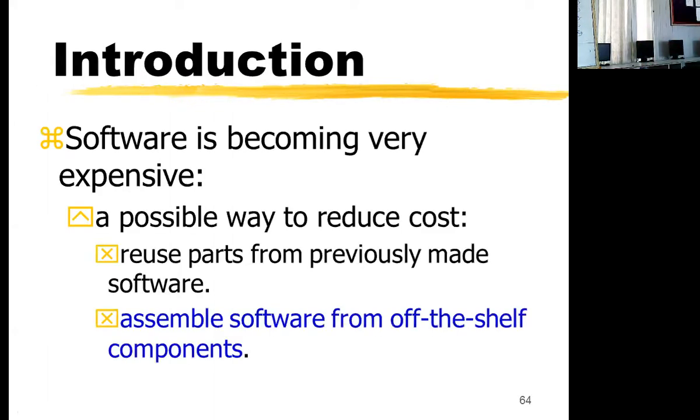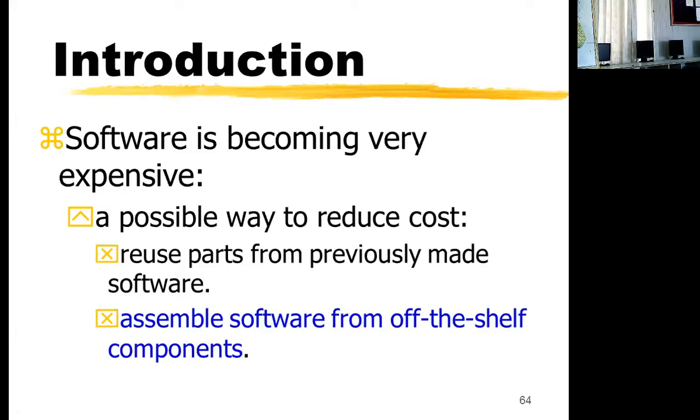So, introduction: what is reuse? I have already told you during the overview of the chapter, or the overview of the four topics of today. So what is software reuse? Software is becoming very expensive these days. We have also seen, as one of the causes of the software crisis, that the cost of hardware is getting less and the cost of software is getting higher and higher.